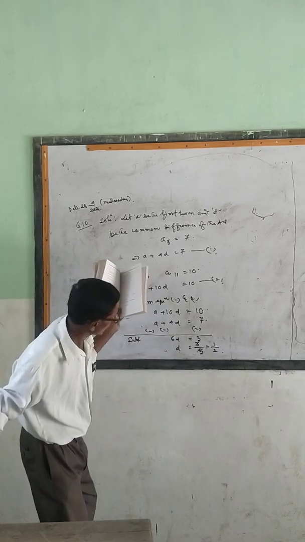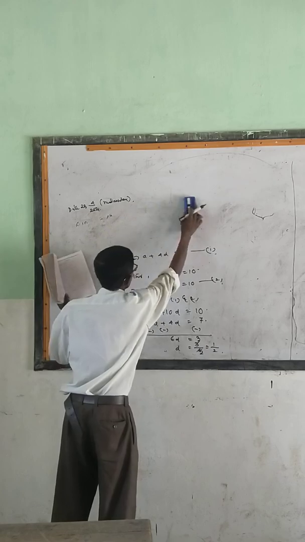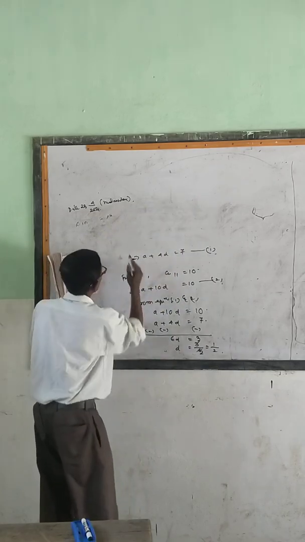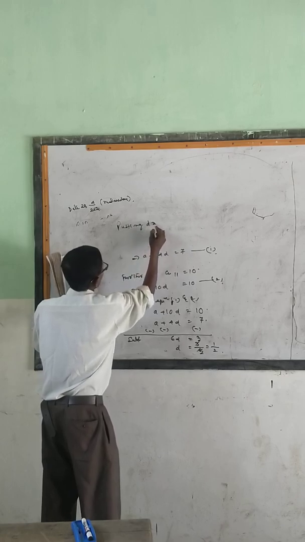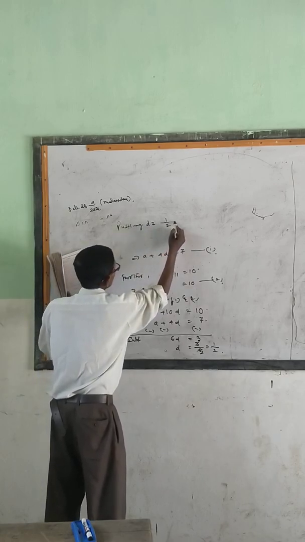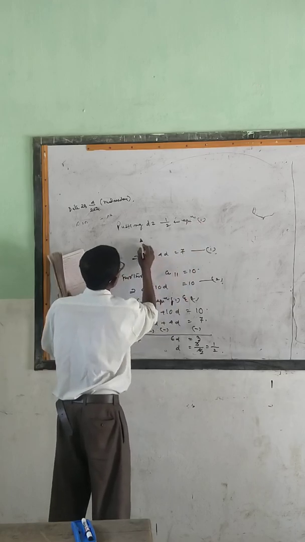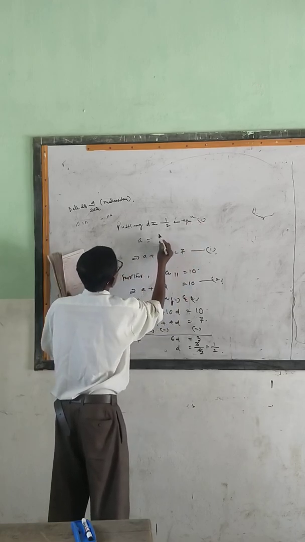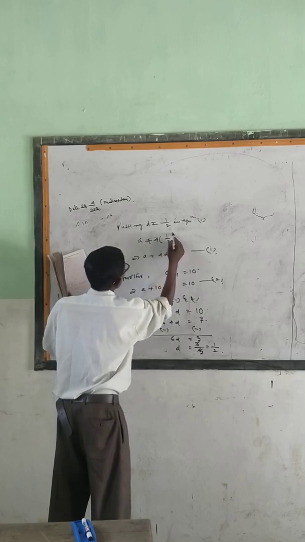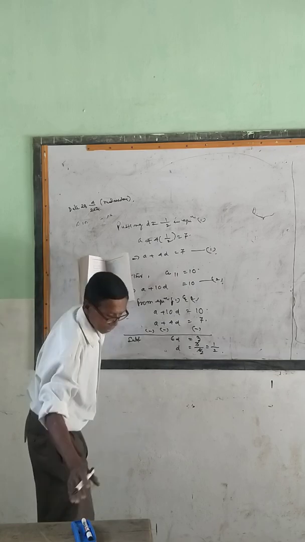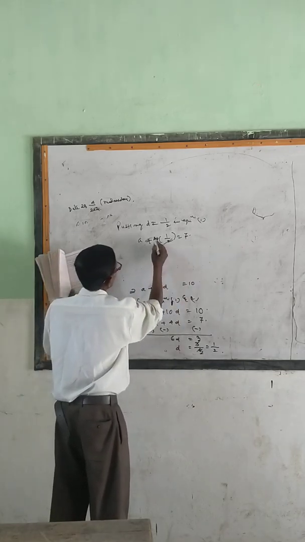So we have to put this value in equation number 1. Putting D equals 1 by 2 in equation 1. Remember, this is equation number 1. A plus 4D, that is half of 4, equals 7. So 2 to cancel.